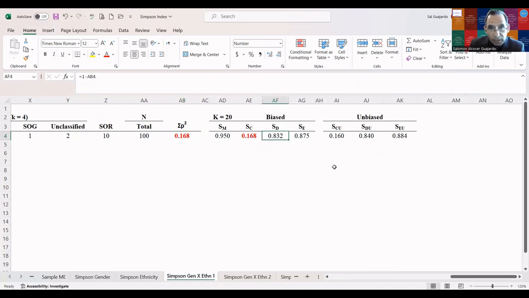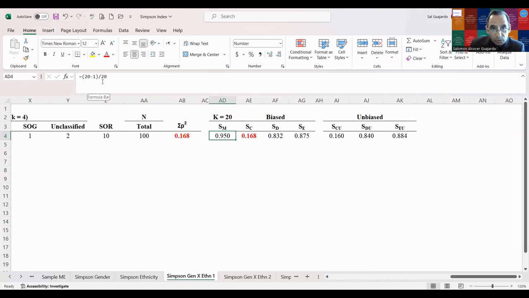And then if I want the biased concentration score by gender by ethnicity, it's going to be 1.68 minus 1, which is 0.83. To obtain the biased standardized score, that's going to be 0.83 divided by 0.95. And again, the 0.95 is 20 minus 1 divided by 20, so it's 19 divided by 20.